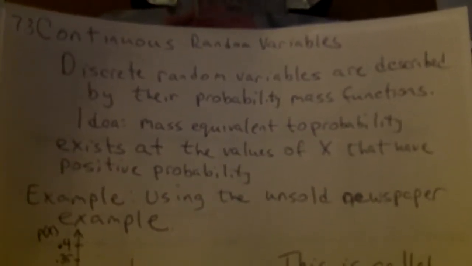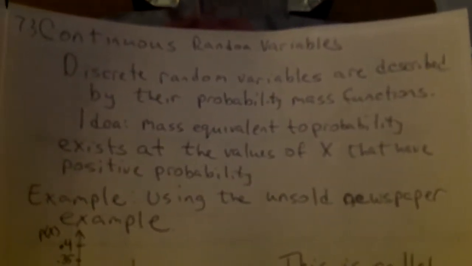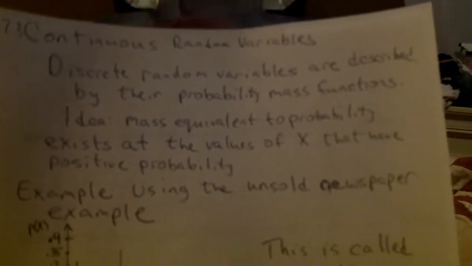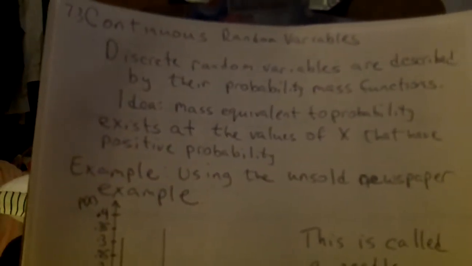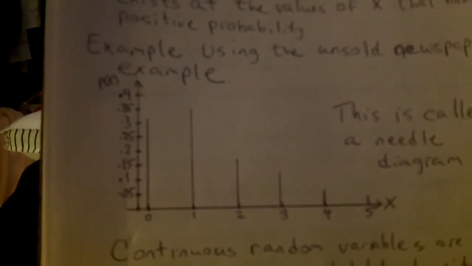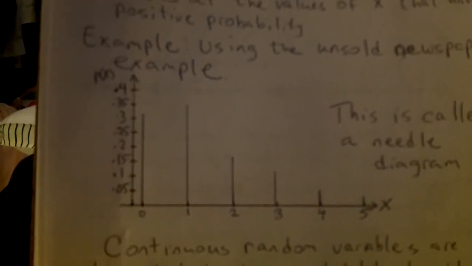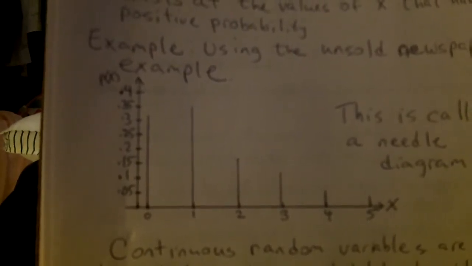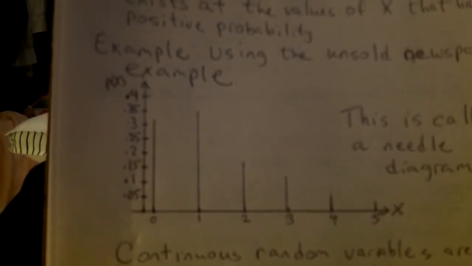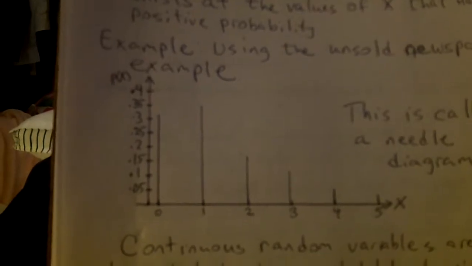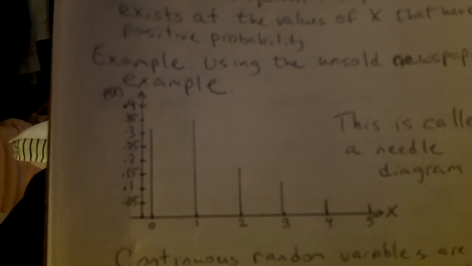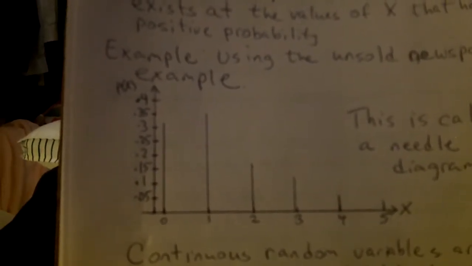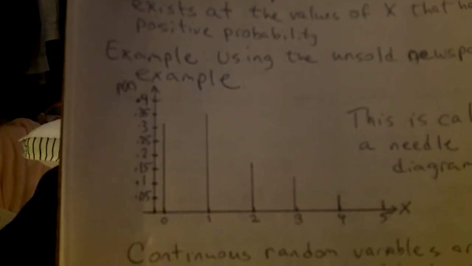The idea is if we were to place a piece of mass at the values that have positive probability, you would end up seeing something like what we've got here. It's called a needle diagram. For the unsold newspaper problem, the height of each needle corresponds to the probability that were given in that example.